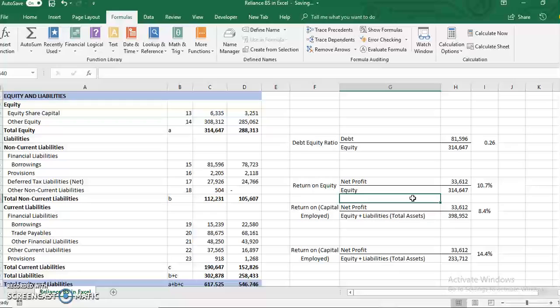Here, because there are a lot of investments, all the money is not invested directly into operations. That may be one of the reasons why the return on equity is affected. Again, we have to compare with other industries and with similar size companies to know more about it.